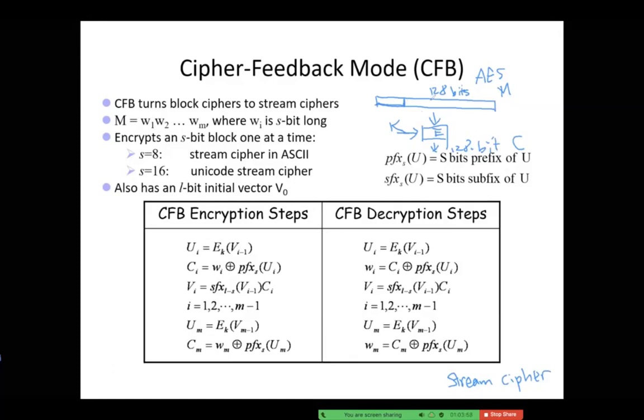So the next round, we look at the next part. We just keep shifting a certain number of times, depending on how long your ciphertext unit is: 8 bits if you're using ASCII, 16 bits if you're using Unicode, or in any situation just S bits.